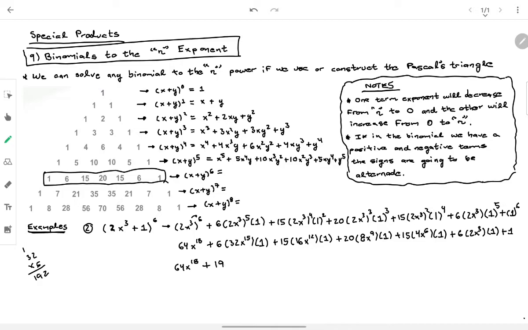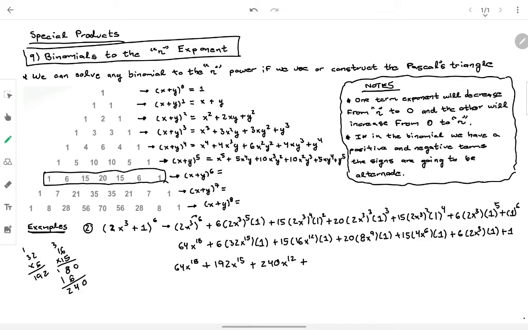192 x to the 15. Then it's going to be 16 times 15. That is going to be 240 x to the 12.